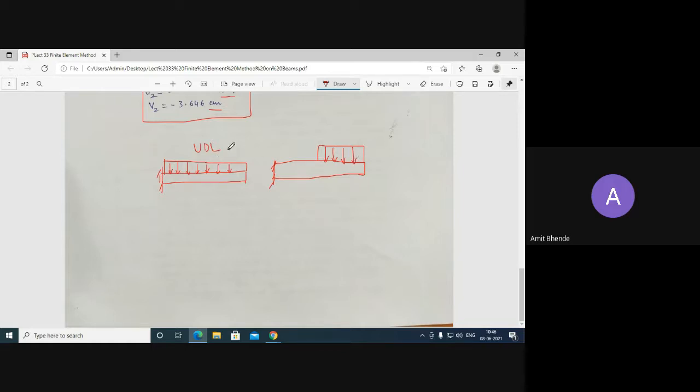So these are the two variations of UDL: UDL applied to the entire span of the beam, and UDL applied to some portion of the beam.